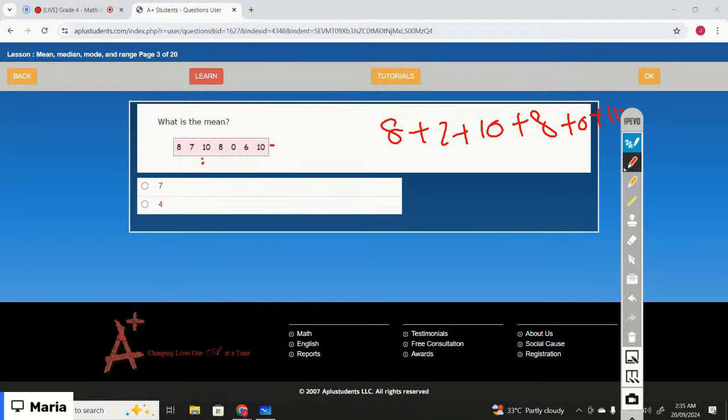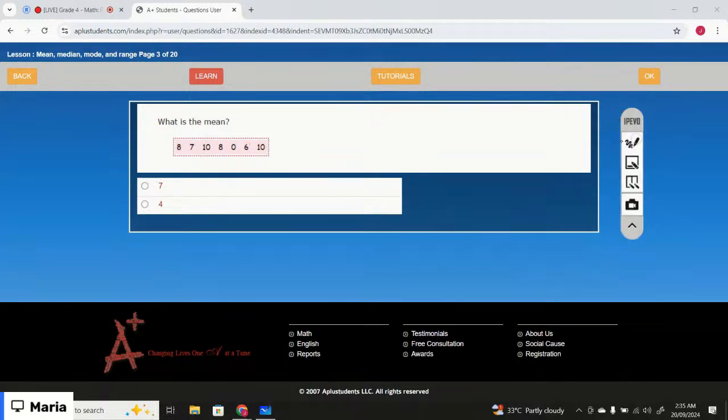That is 49. And the sum is 49. So they are 1, 2, 3, 4, 5, 6, 7. You need to divide it by 7. So the correct option is 7. Option number 1 is the correct option, not 4. You have to add them all, divide by the number of values. They are 7 values. 7 times 7 is 49. So option number 1 is the correct option.